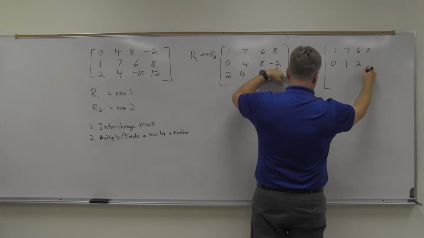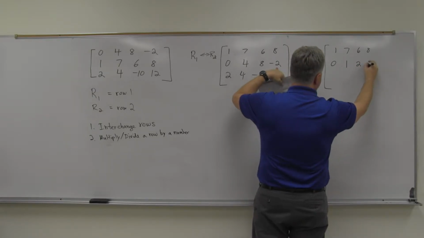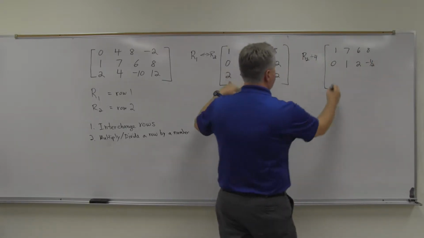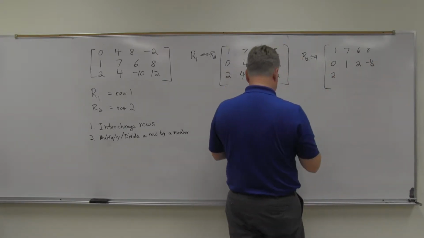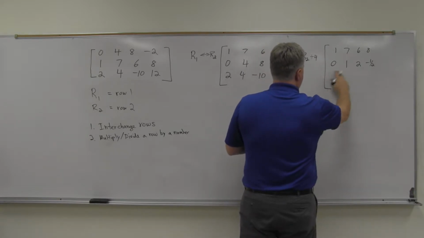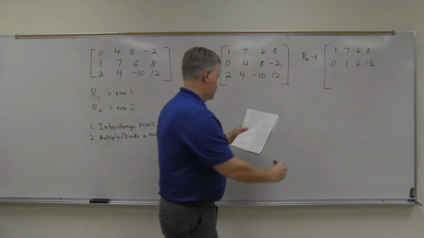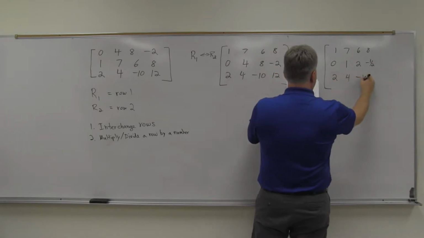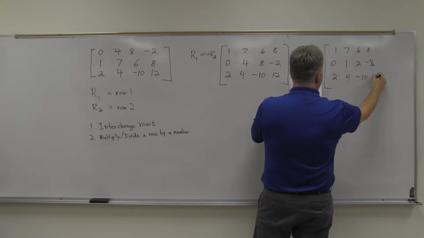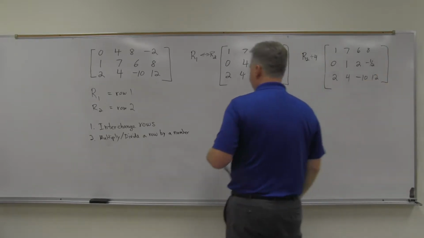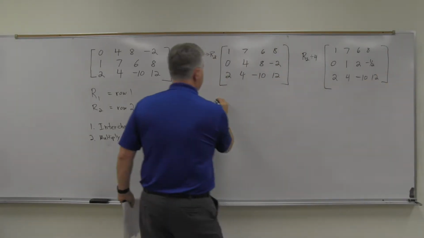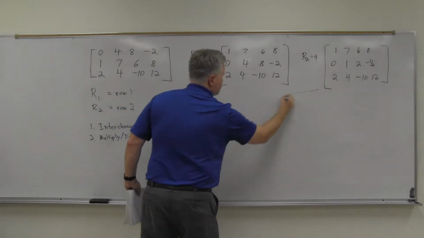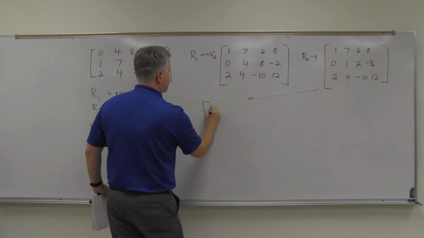And negative 2 divided by 4 is negative a half, or negative 0.5, however you want to write that. Okay, so just to not get too confusing, let me bring this one over here.